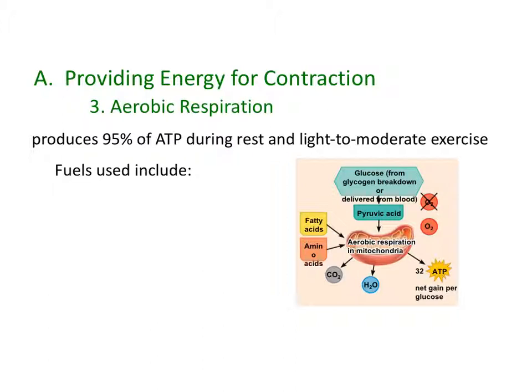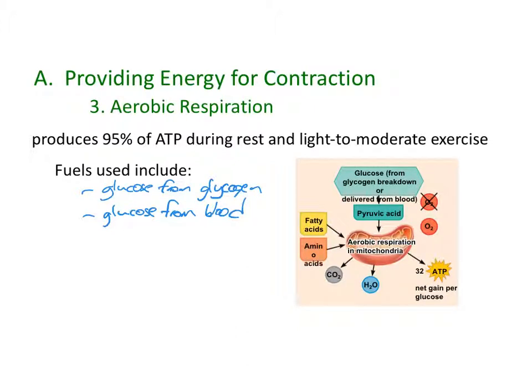The fuels that are used during aerobic respiration are partly the glucose from glycogen breakdown. Muscles are fairly rich in glycogen, a polysaccharide made up of glucose molecules, so you break it down and get glucose. You can also have glucose diffusing in from the blood.